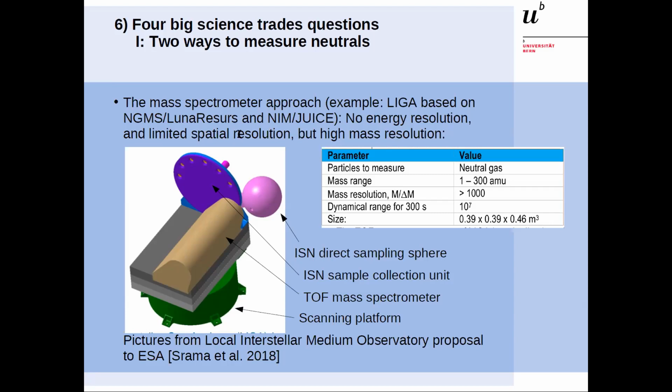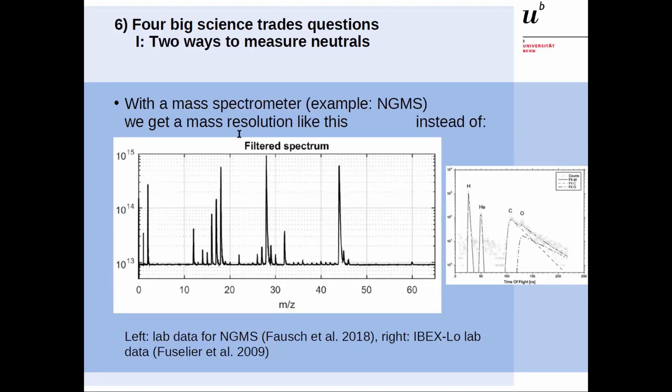But of course, you have high mass resolution. So instead of getting something like this, where you have basically 3 mass peaks and that's it, you get a real mass spectrum like this. And both of these are lab data from prototypes or from flight spare instruments.